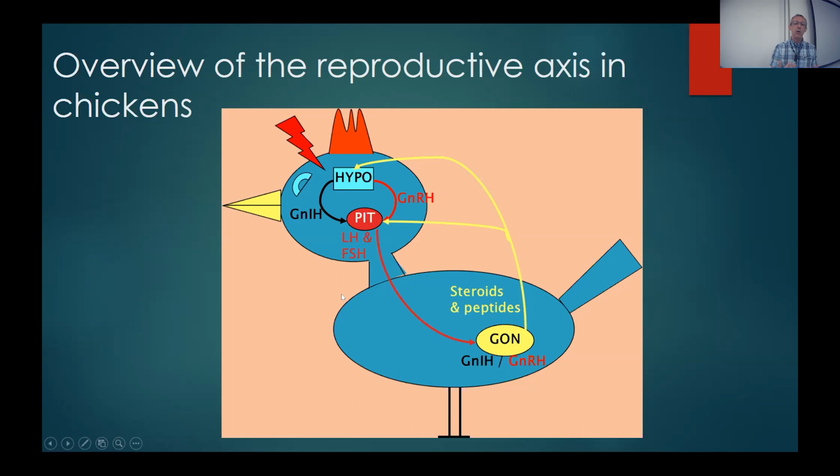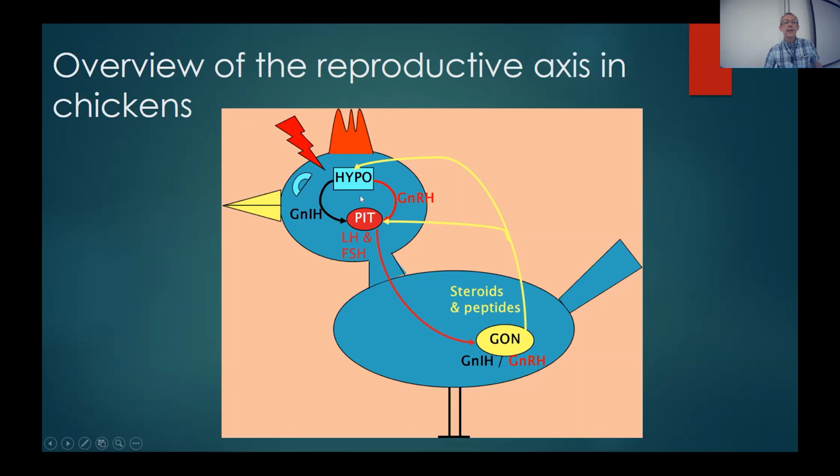So here in an overly simplified version, we have the brain, the control center, and the pituitary that serves as an amplification site to distribute the signal to the rest of the body, and in particular the gonads, where the egg yolk will be formed, leading to ovulation.